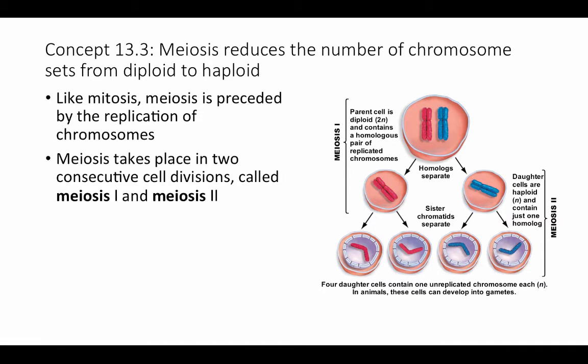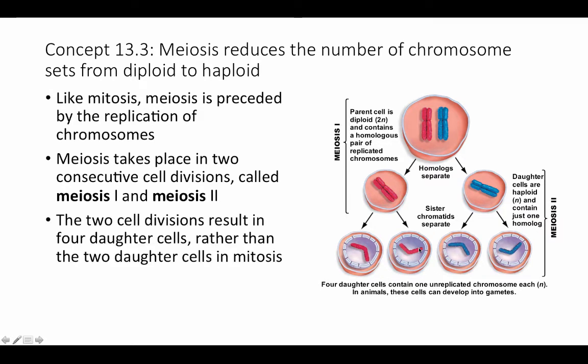Meiosis is going to take place in 2 consecutive cell divisions, called meiosis 1, which is going to result in 2 daughter cells, in which the homologous chromosomes separate from each other, and meiosis 2, each of these is going to divide again to separate the 2 sister chromatids, resulting ultimately in 4 daughter cells rather than the 2 daughter cells that we see in mitosis.